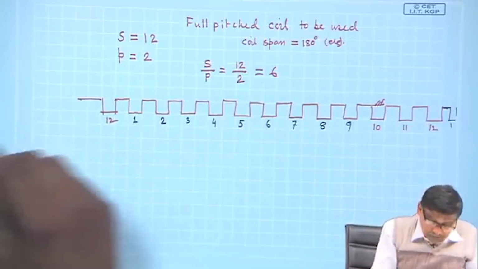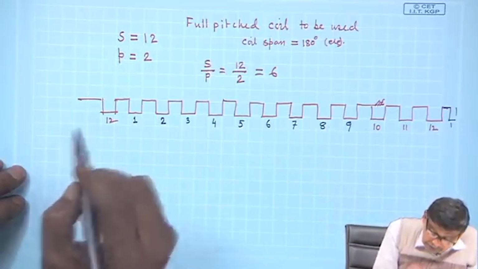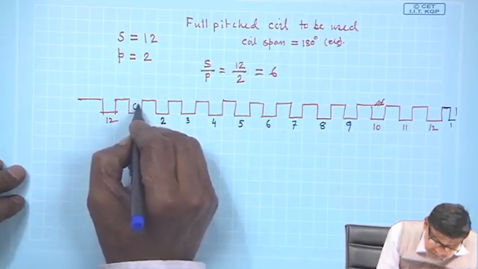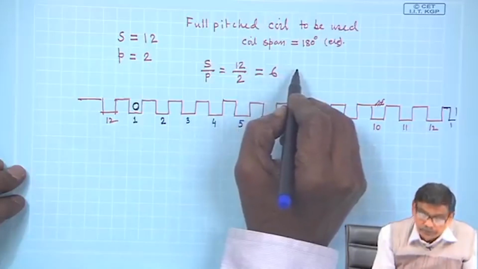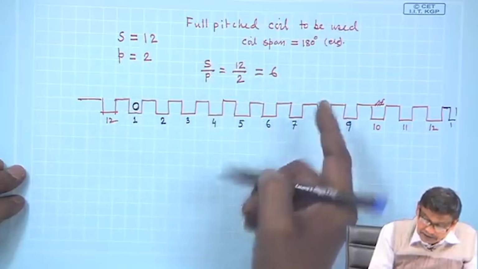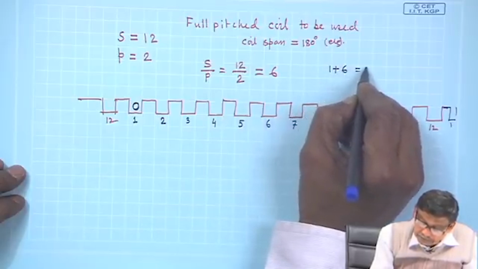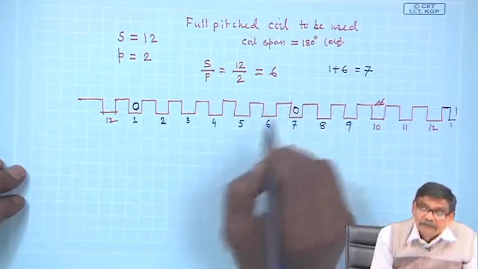Now, what I will do, only this much I will tell, time is not there. What I will do is this: one coil side will be placed here, 1, and a full pitched coil is to be used. Then its return, the other coil side, must be placed at 1 plus 6, that is 7. It must be placed at 7.